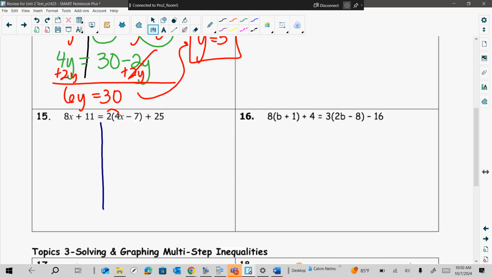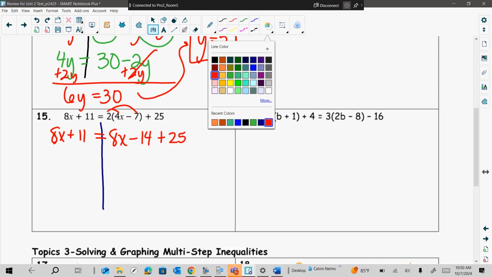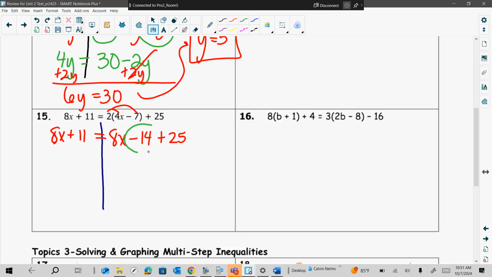We need to distribute the 2 first. They're the same. So you have 8x plus 11 equals 8x minus 14 plus 25, and then you should combine these, and you would end up with 8x plus 11.